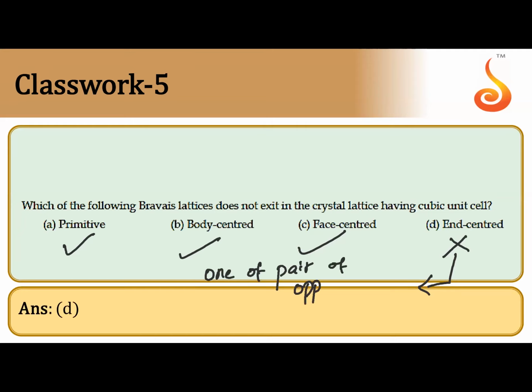Lattice points are available in one of the pairs of opposite faces, and in all corners one lattice point is present. This is known as end-centered. It is not coming in the Bravais lattice of the cubic unit cell; it does not exist.